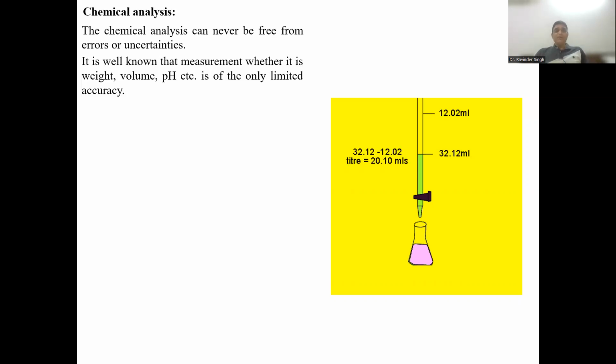But even if a student is doing the experiment at their best, there may still be chances of some error, because errors may be of different types. We will discuss the different types of error in the next lecture. In the present lecture, we will discuss accuracy and precision.